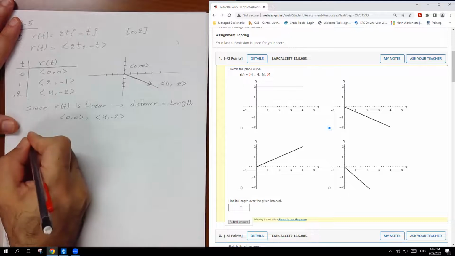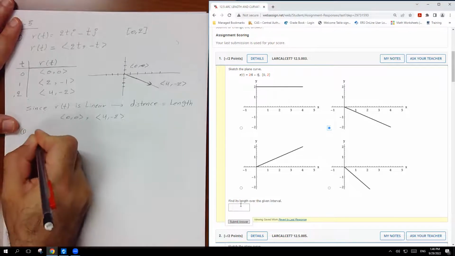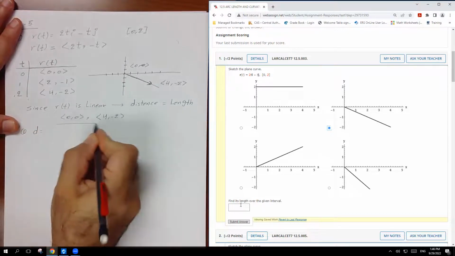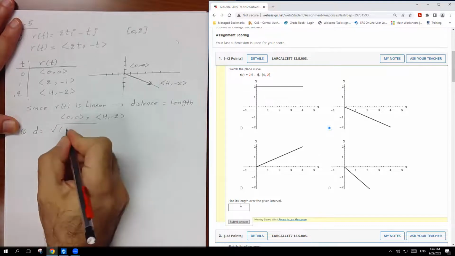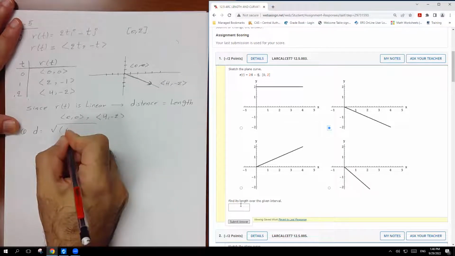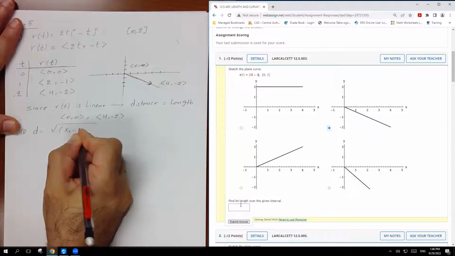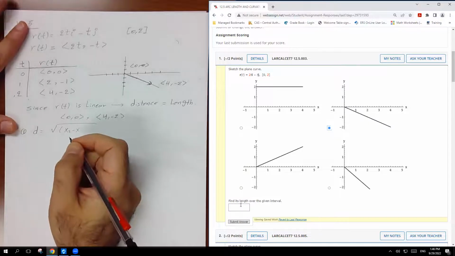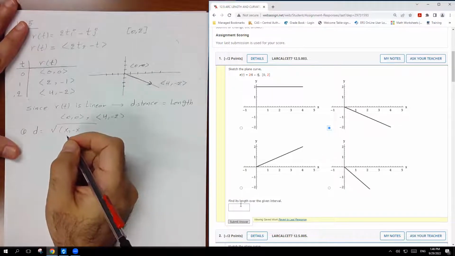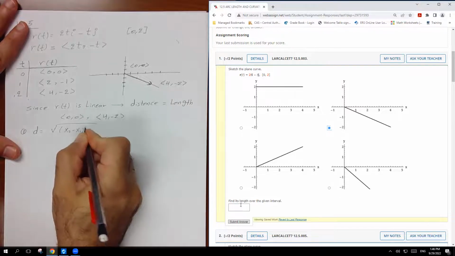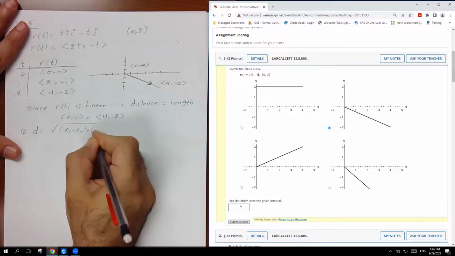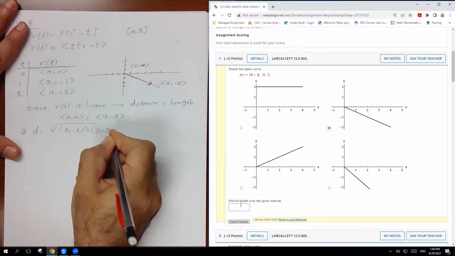The distance is going to be the square root of x2 minus x1 squared plus y2 minus y1 squared.